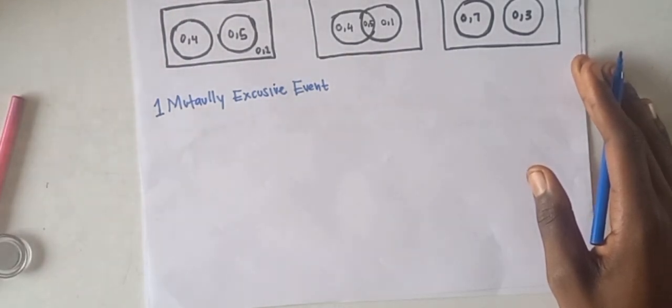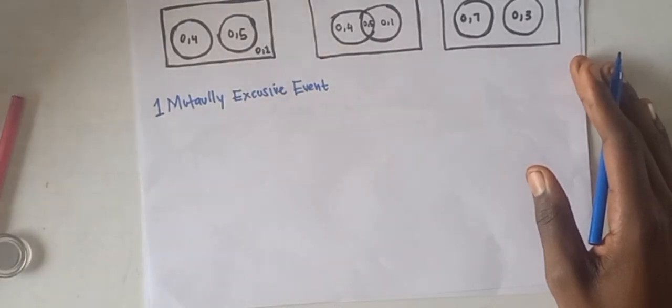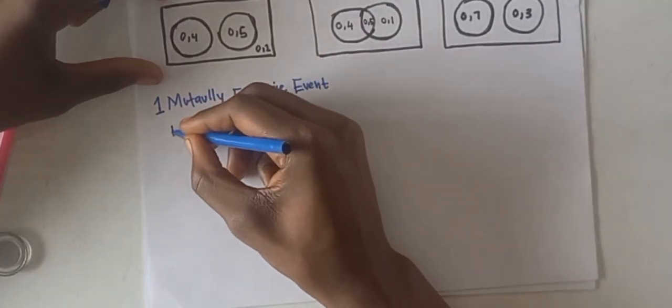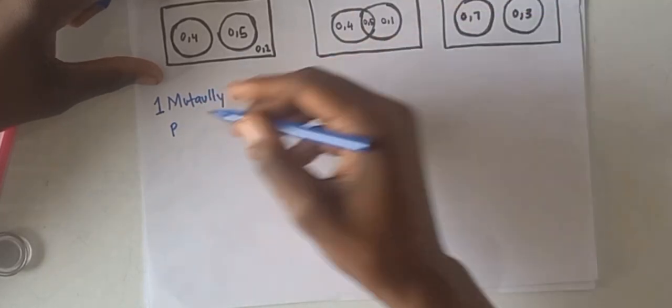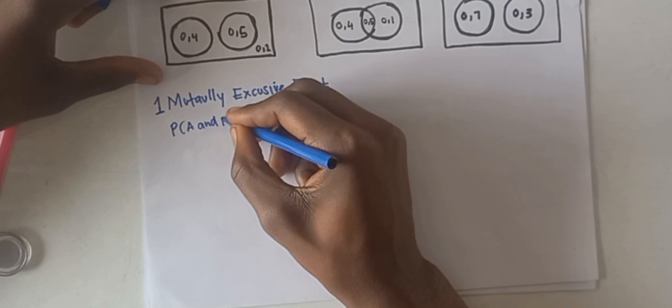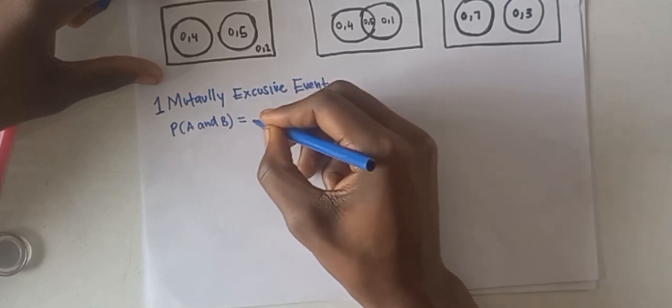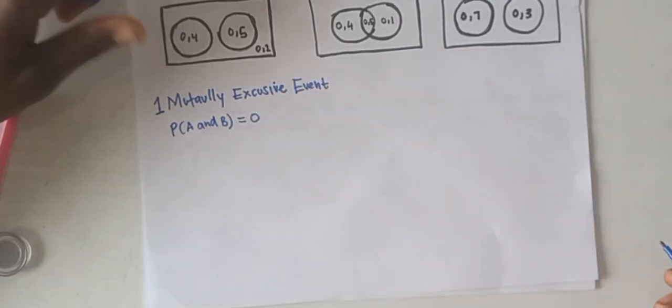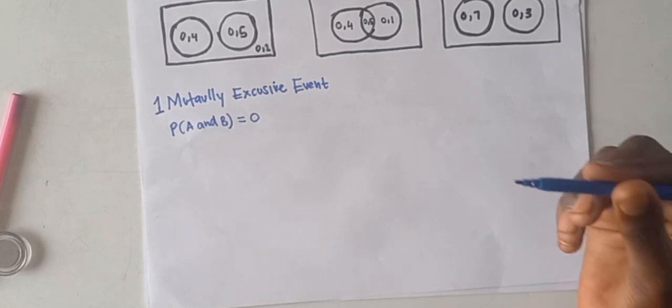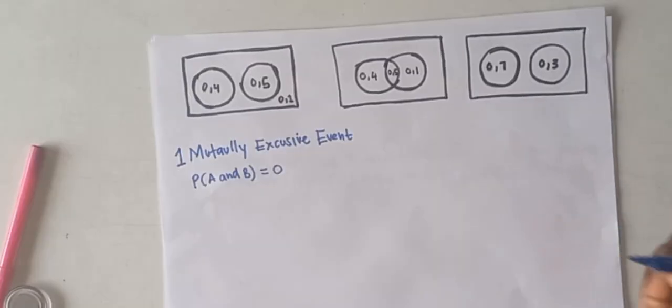What do I mean? When the probability of A and B is equal to 0. So events are called mutually exclusive when they don't share a common outcome.